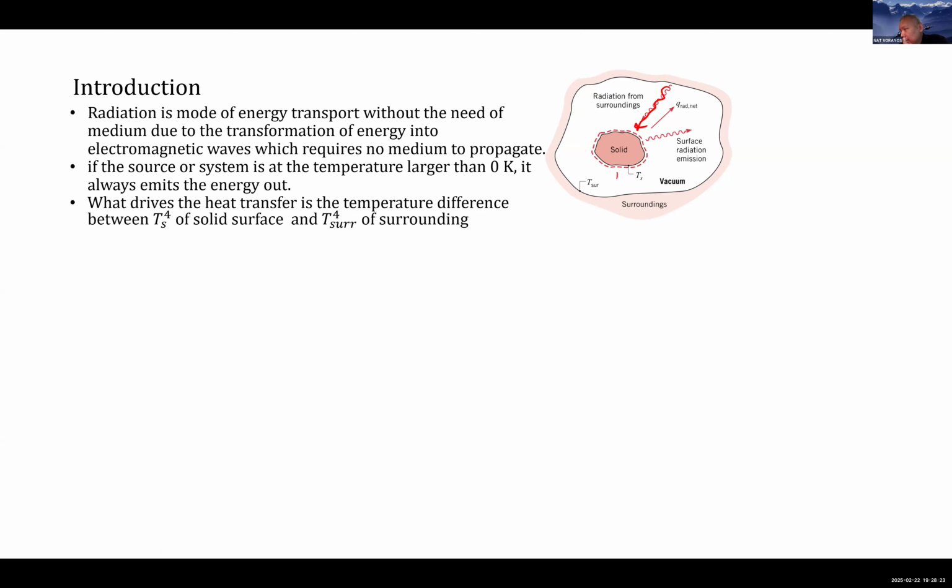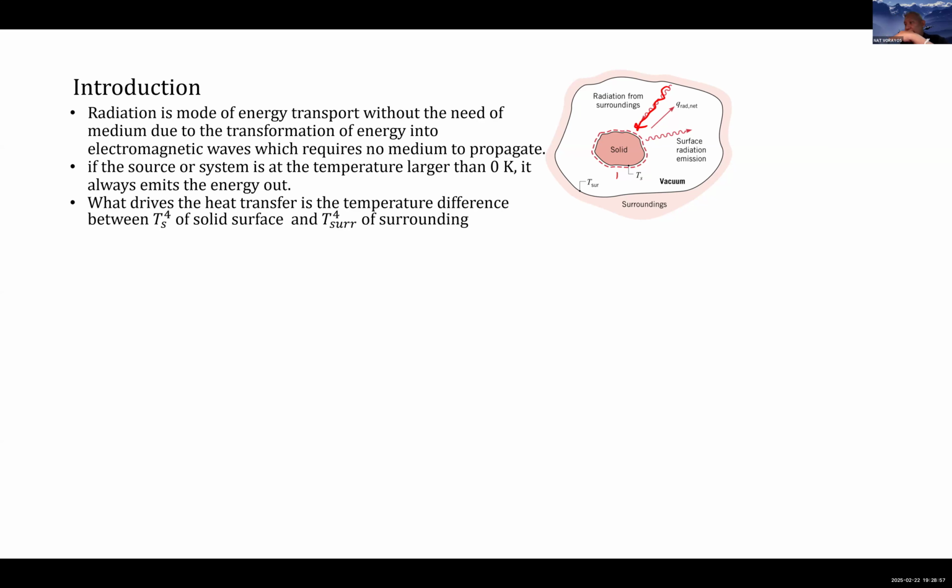You have already seen from the beginning of the course that in convection and in conduction, what drives the heat is the temperature difference. If it's a slab, with T1 on this side and T2 on this side, and T1 is greater than T2, what drives the heat is the temperature difference T1 minus T2.